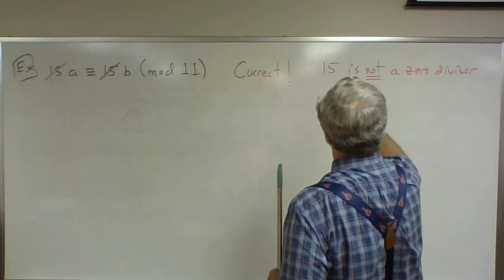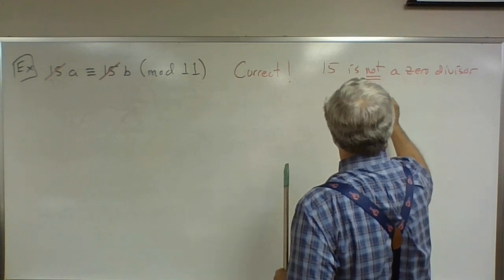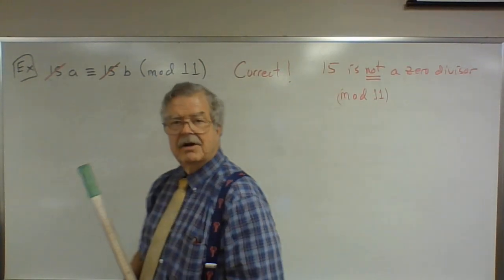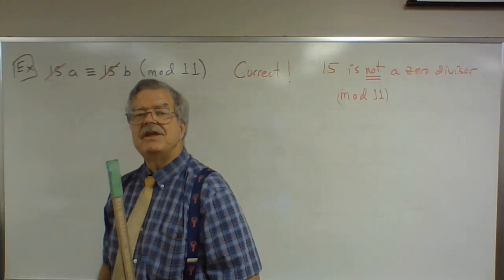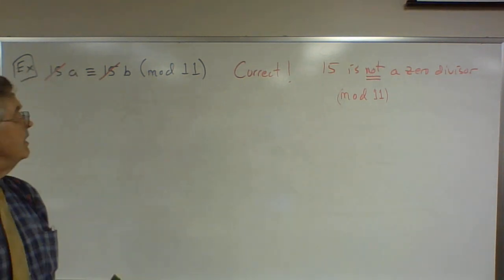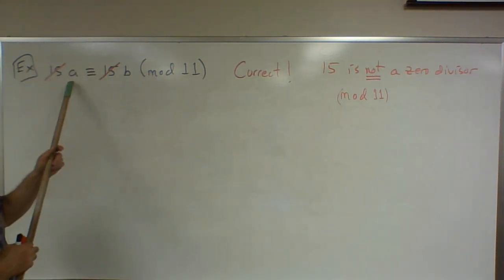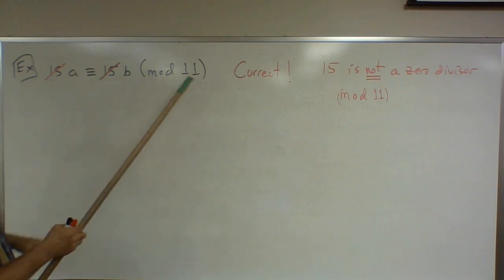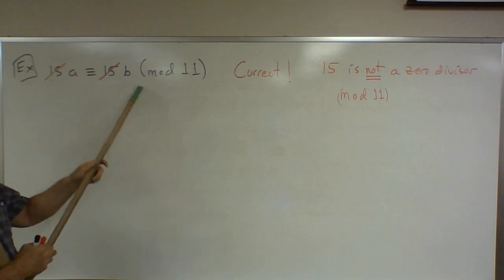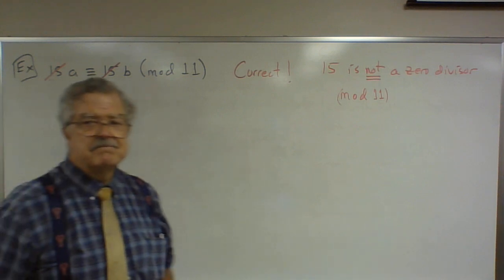Fifteen is not a 0 divisor mod 11. Or equivalently, 15 is relatively prime with respect to 11. So if 15A is congruent to 15B mod 11, A is indeed congruent to B mod 11.